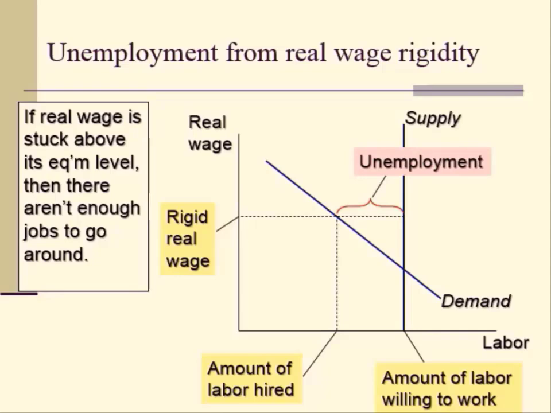This will lead to unemployment because the amount of labor that's willing to work, that is, labor supplied, is larger than the amount of labor hired, that's labor demand. So quantity demanded of labor is less than quantity supplied. So there's more supply than demanded, therefore there's excess supply of labor, and that's the structural unemployment.